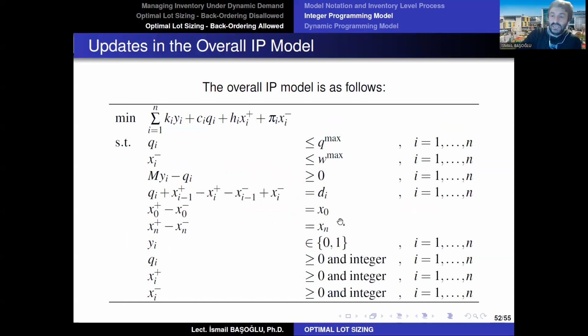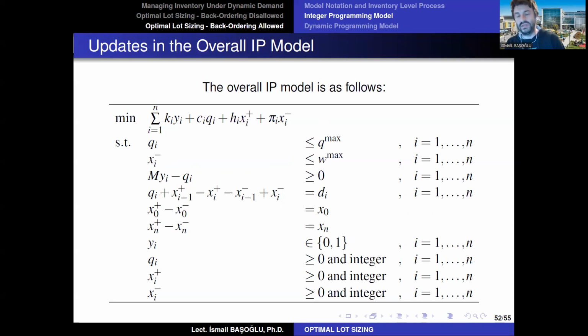Now, the initial inventory level is a parameter introduced to this problem, so you can never change it. It's not a decision variable. So we say that x0 plus minus x0 minus should be equal to the initial inventory level, and xn plus minus xn minus should be equal to the ending inventory level. Again, the ending inventory level is an objective that you need to satisfy. You can say that we intend to end with 0 inventory at the end of the planning horizon.